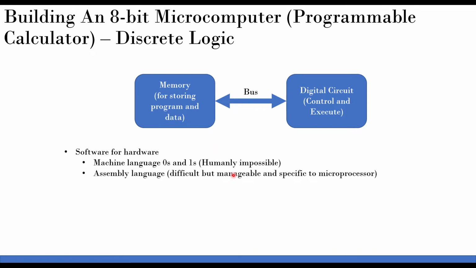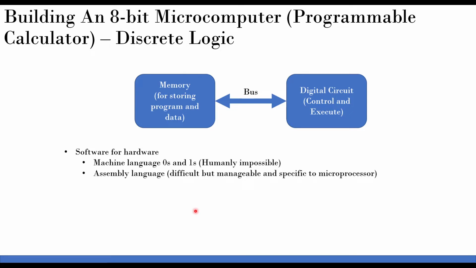And then the next level, slightly more comfortable to a human, is what we can call assembly language. Assembly language again uses the English sort of language that we are comfortable with. But having said that, it's not as user friendly as C or C++ or even higher level languages like Java, Python, or MATLAB.